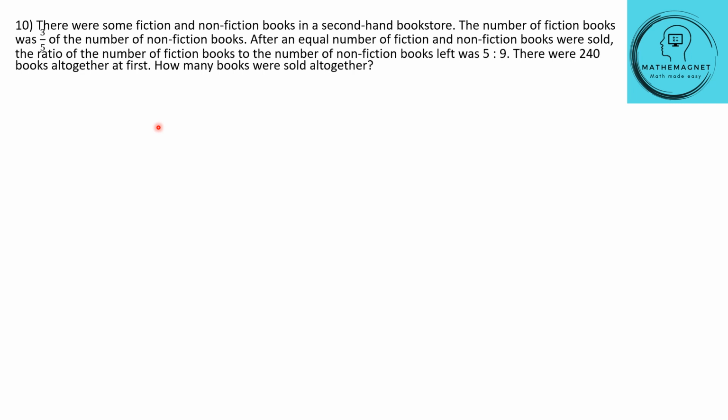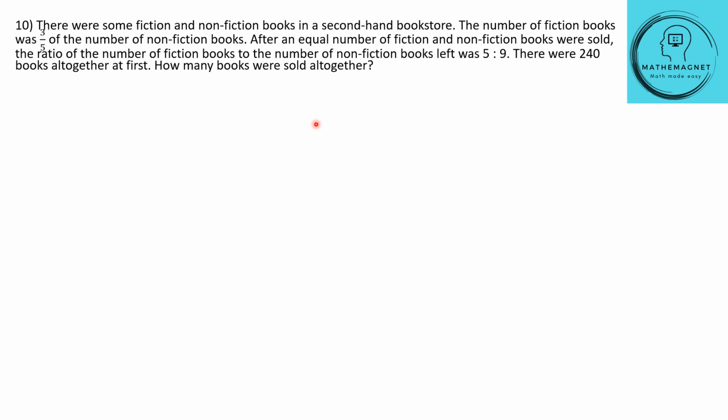Then there has been a sale where an equal number of fiction and non-fiction books were sold, and the remaining ratio became 5:9. The question is asking how many books of fiction and non-fiction were sold together.